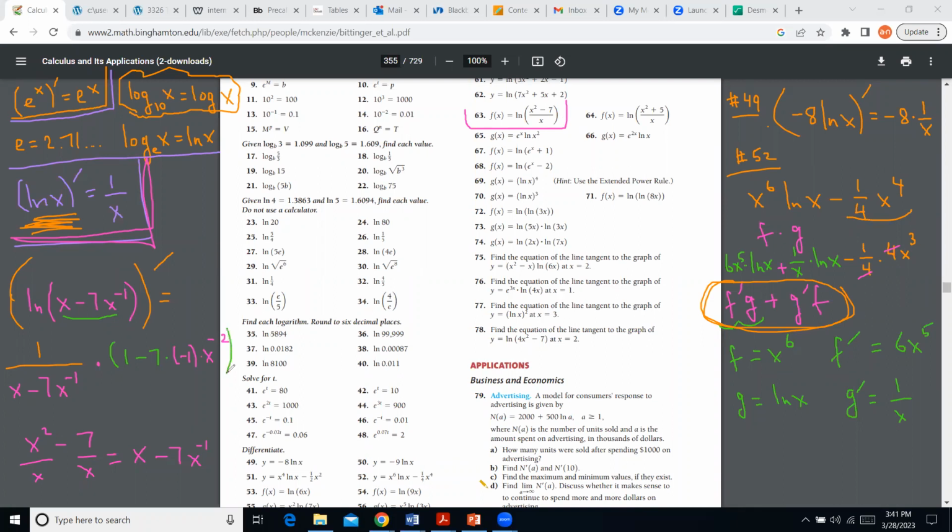So it's quite messy, and some people may feel like simplifying. It's always a good feeling if you feel like simplifying, but if you don't feel comfortable, you don't have to, because they ask you to differentiate. So you did. So I could just write this as 1 over x minus 7 over x.